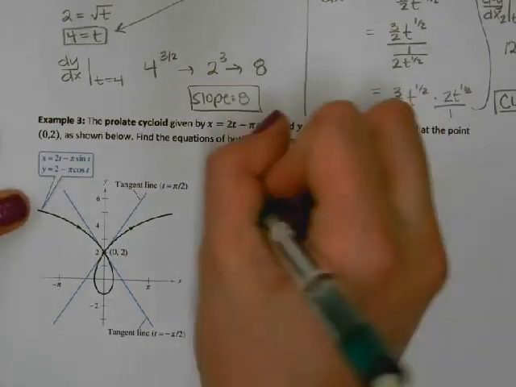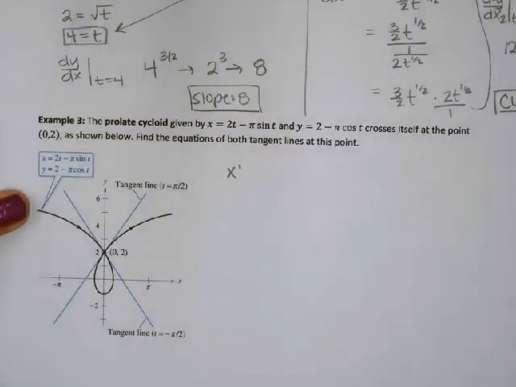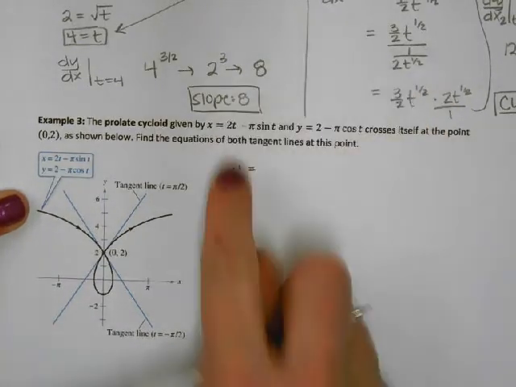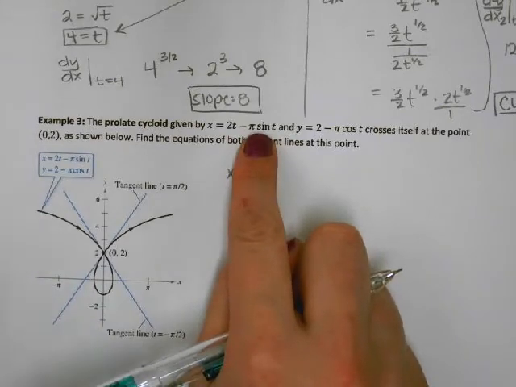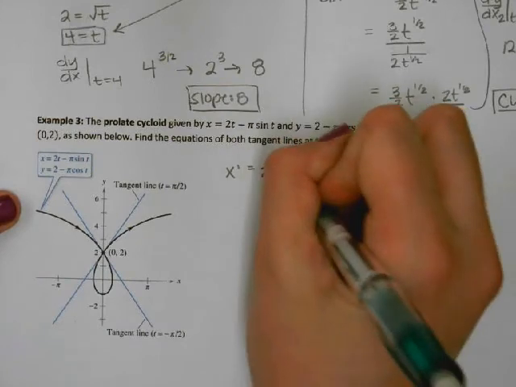So the first thing that we need to do is find the derivative. So I'm going to say the derivative of x is 2, and then the derivative of negative pi sine t would be negative pi cos t.